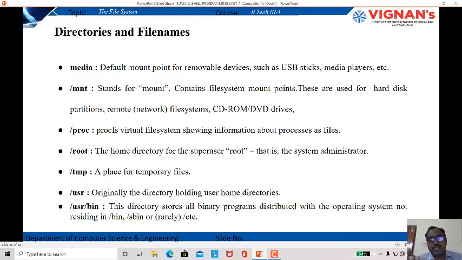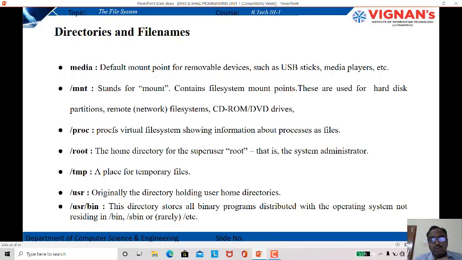The name itself indicates it is the place for storing temporary files. Next, usr. It originally denotes the directory which holds the user home related directories.